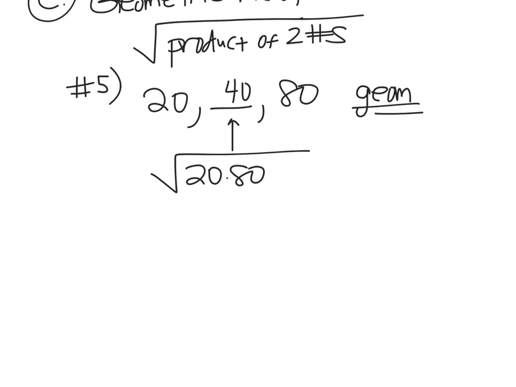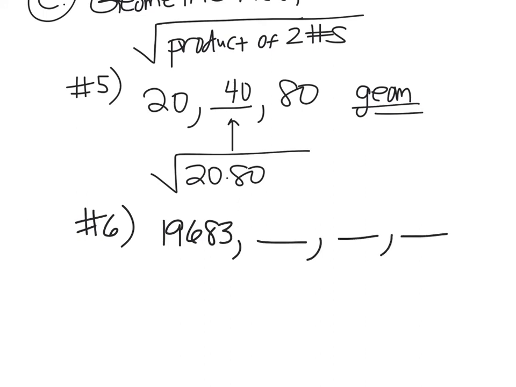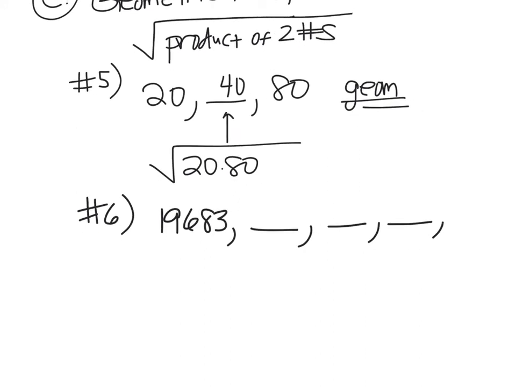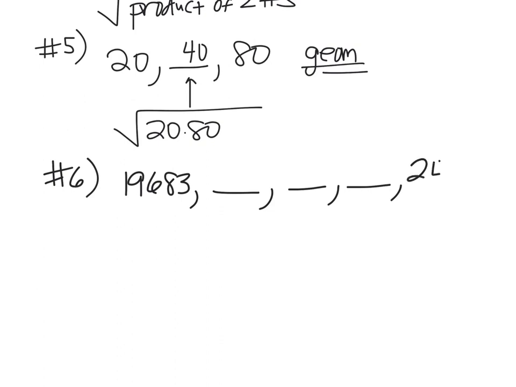And then number 6, suppose they give us 19,683, and then we have 1, 2, 3 blanks, and 243 is at the end here. Okay? And they want us to fill in the blanks.